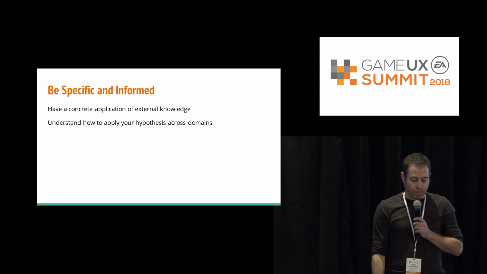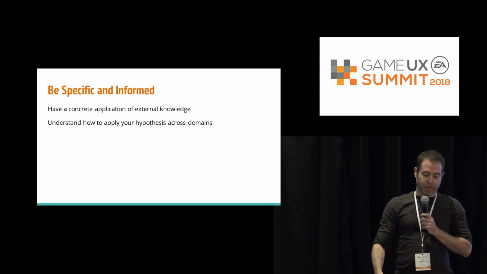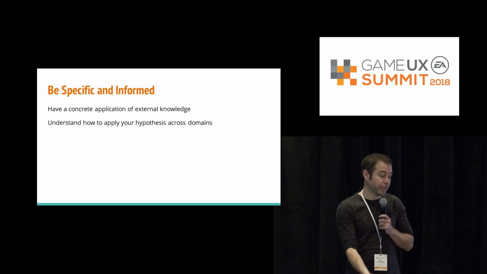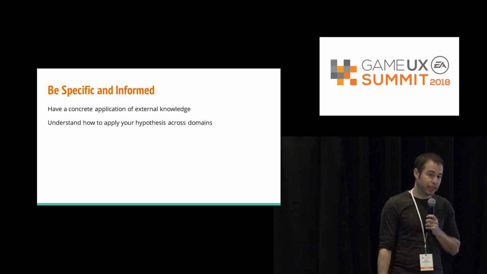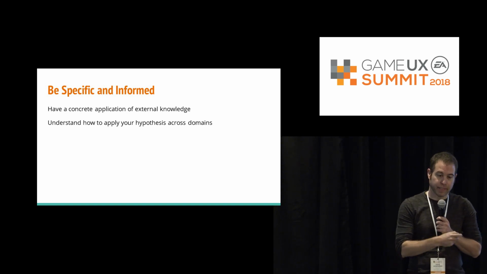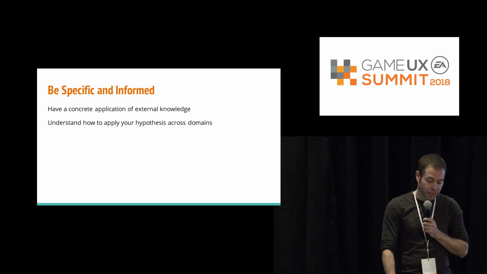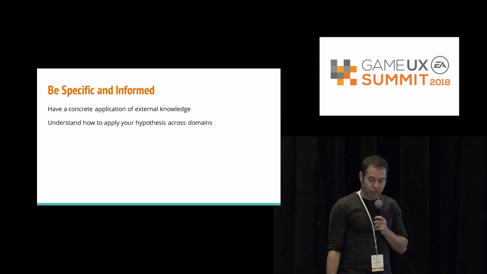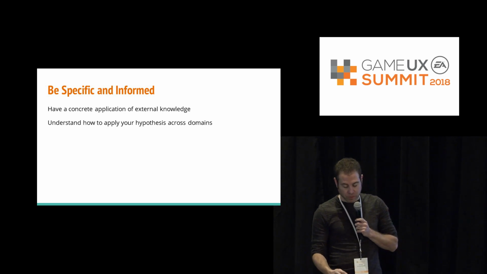So we have disruptive behavior. We think it's because of the existence of anonymity in our game design. So we're going to reduce the anonymity in this way, and this is how we're going to apply this hypothesis to this domain. It's an application of external knowledge to solve a problem, and it's a very specific example.